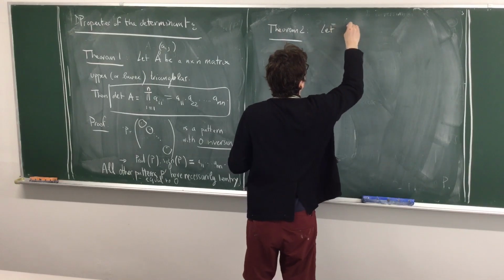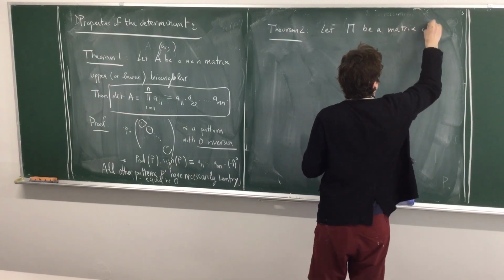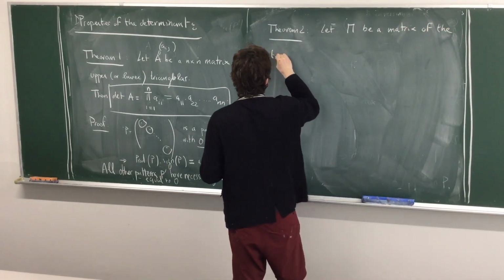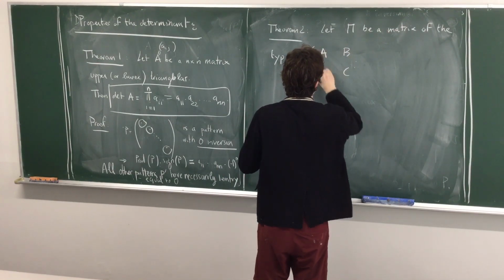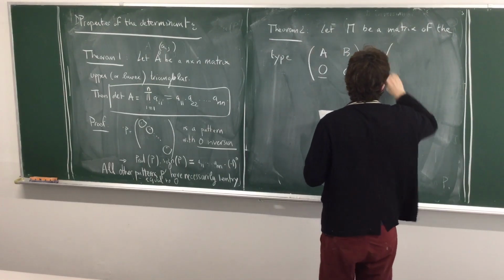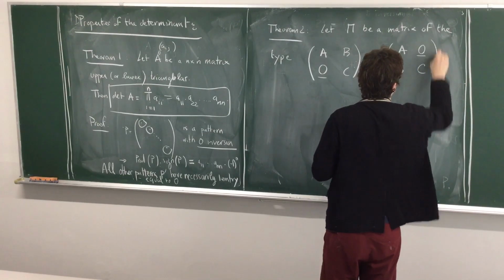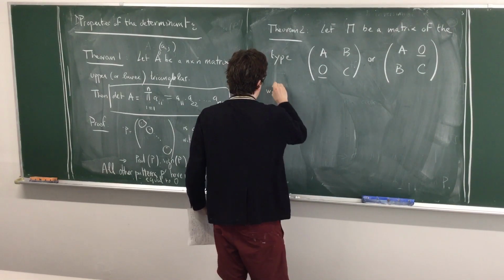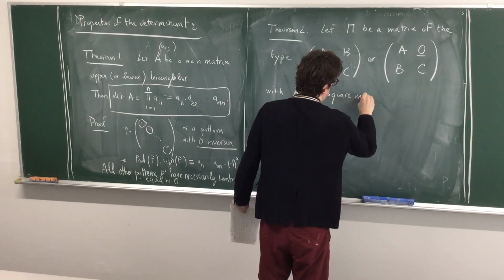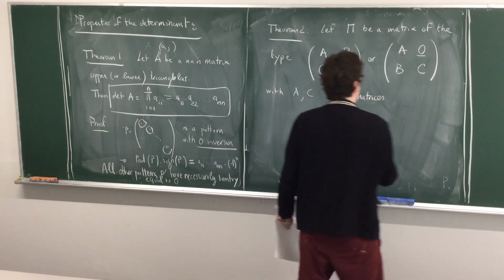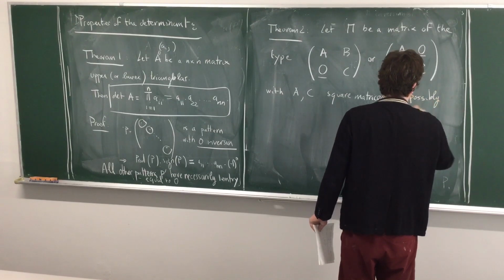Let M be a matrix of the type A, B, 0, C, or A, 0, B, C, with A and C square matrices of possibly different sizes.